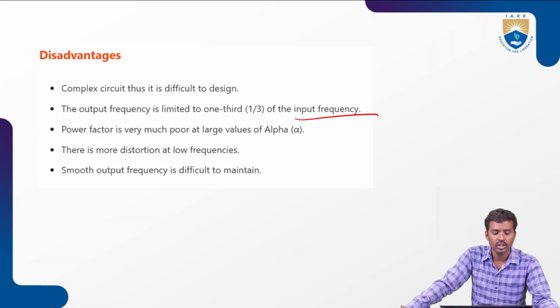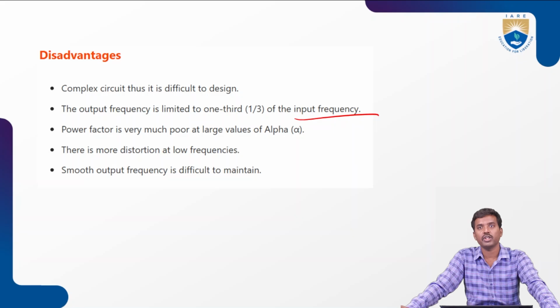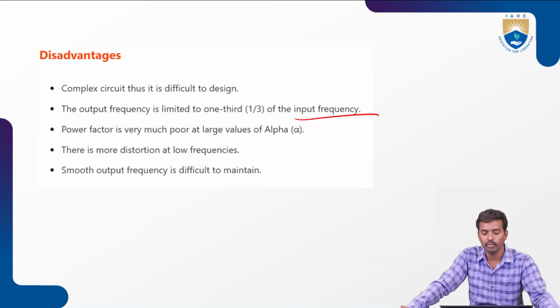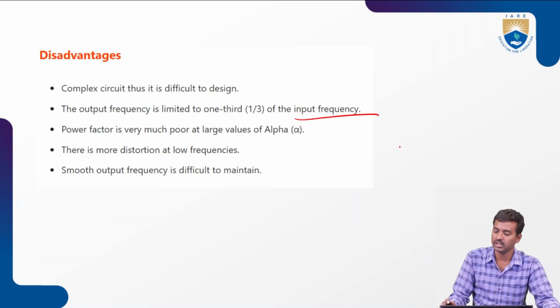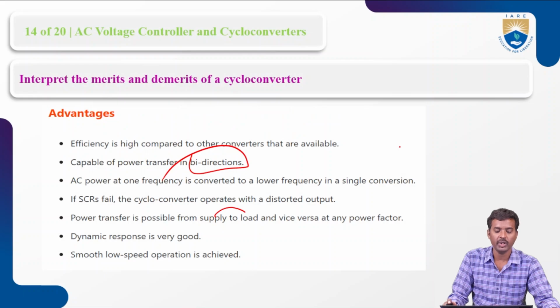Also, the power factor is very poor at low values of alpha, there is more distortion at low frequency, and a smooth output frequency is very difficult to maintain. So these are the merits and demerits.